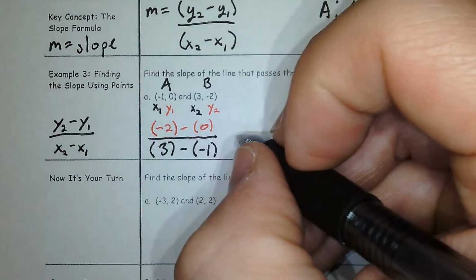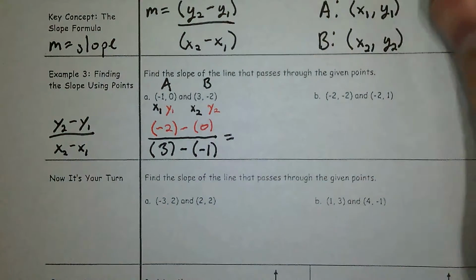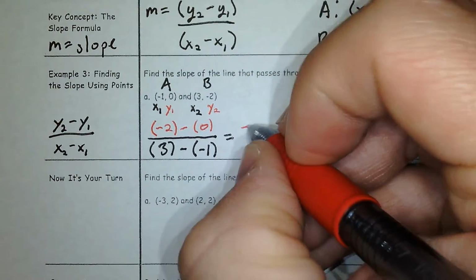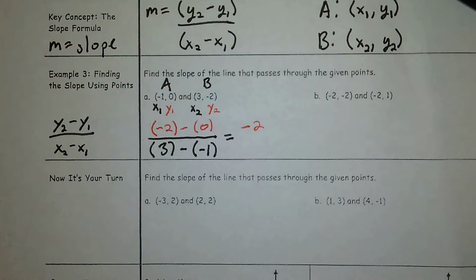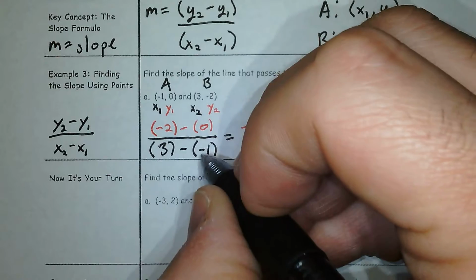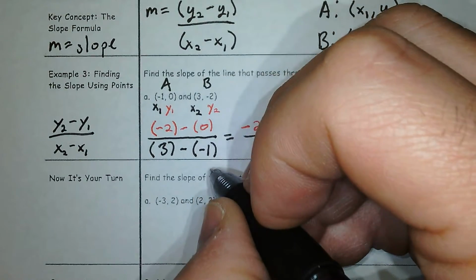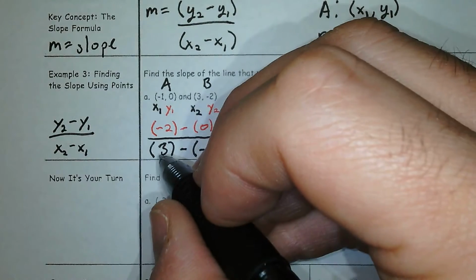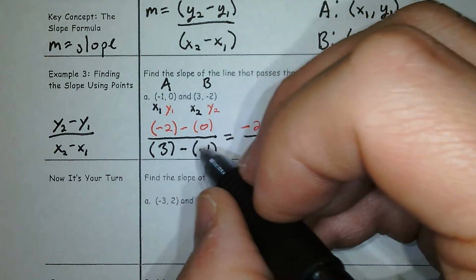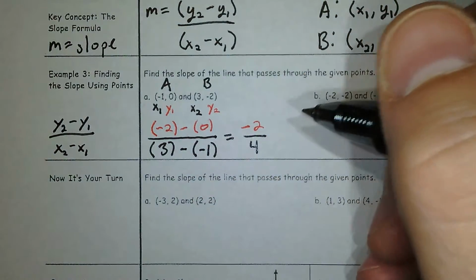Alright, so we have negative 2 minus 0. That's just negative 2, because negative 2 minus nothing is negative 2. Then for the bottom, 3 minus negative 1. If you have minus a negative, remember that's keep, change, change: keep it, change the minus to a plus, and change the negative to a positive. So that would be 3 plus 1, which is 4.